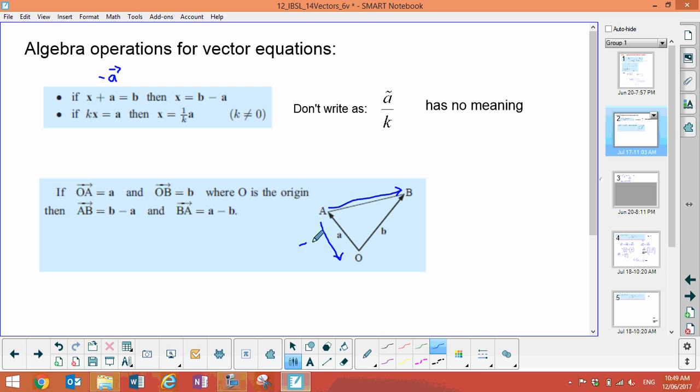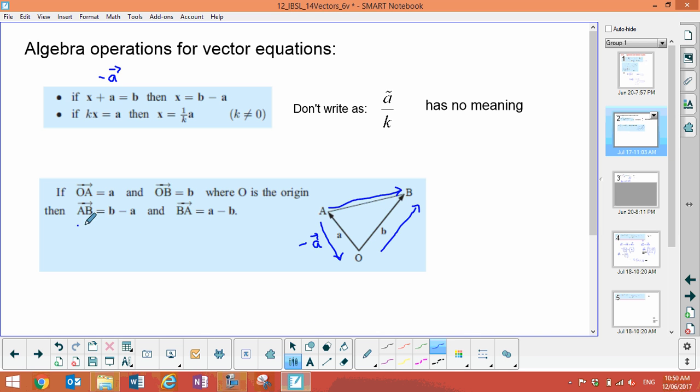So we want minus A plus B, and that gets the same result. So we want B minus A. Remember, the order of them being added together doesn't matter. So we're adding B plus minus A.